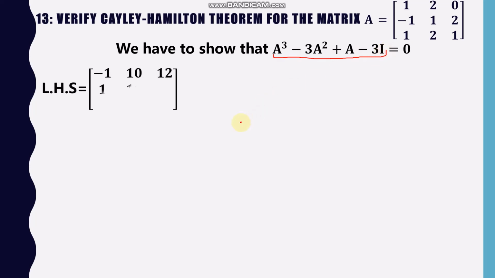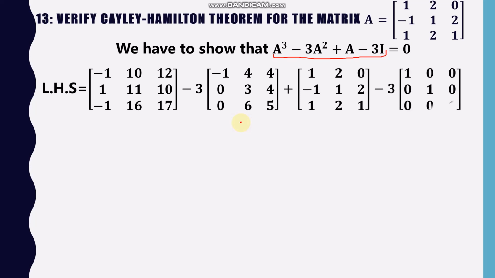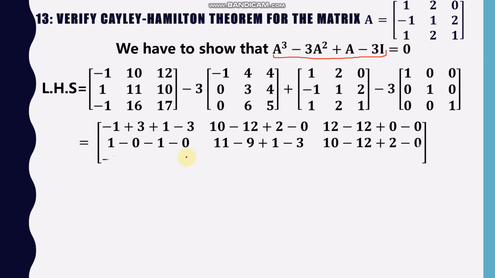Now put the values of A cube minus 3 times A square plus A minus 3 times the identity matrix. Just add or subtract: wherever there is add, put add, and wherever there is subtract, put a subtraction sign. When you simplify it, you'll get this.